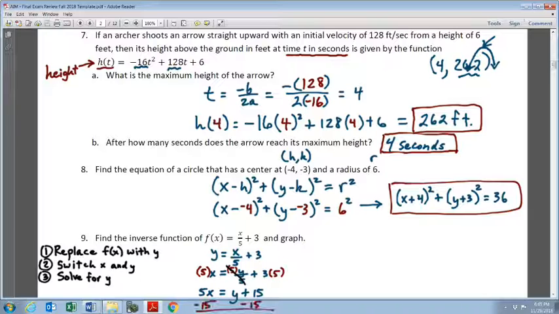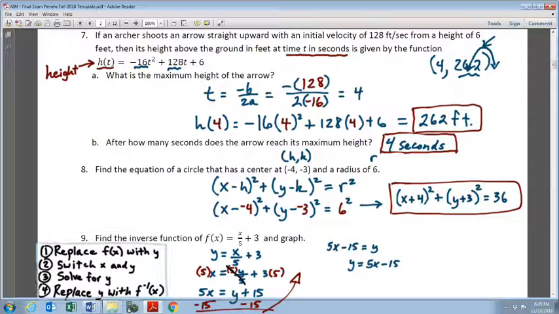And so let's subtract 15 on both sides. We're still trying to get y by itself. And we're going to get 5x minus 15 equals y. And let's go ahead and switch the sides here. And don't forget the last step, we're going to want to replace y with f inverse of x, which was what we were asked to find. And so we're done.